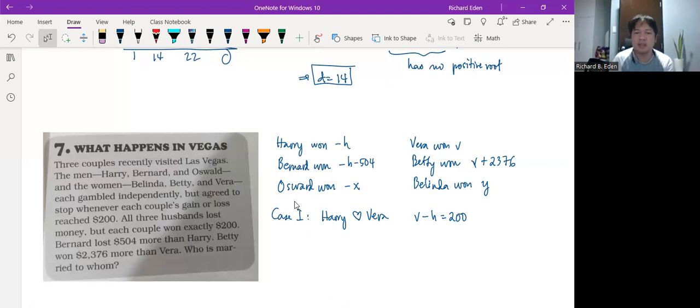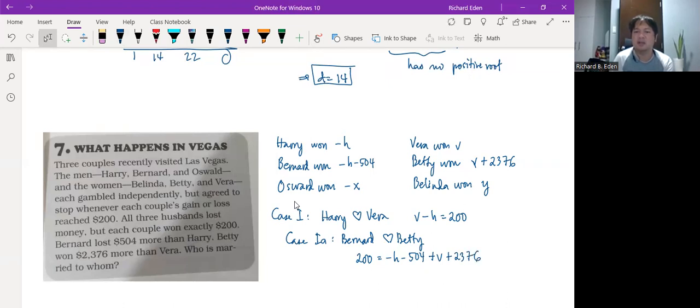So I'm gonna look at case 1A. Bernard, ang asawa niya ay si Betty. But then in this case, nung sum nila would be negative h minus 504 plus v plus 2376.